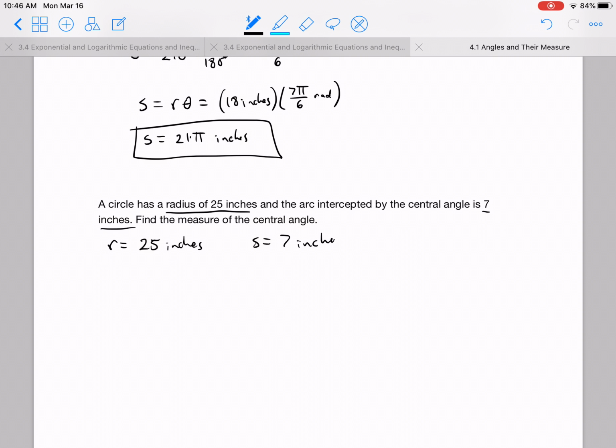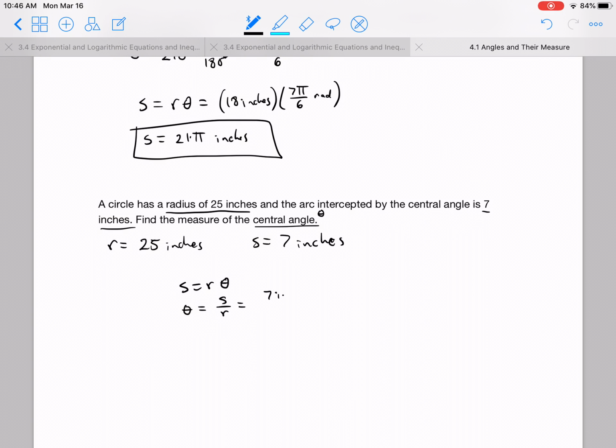All right, if we use our formula that S equals R theta, and we're trying to now find the measure of the central angle, that's theta, right? Find theta. We can solve this for theta by dividing both sides by R, and you get theta equals S over R, and then we can plug these numbers in.